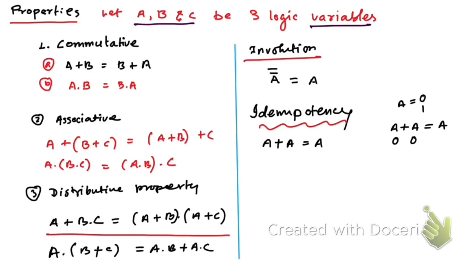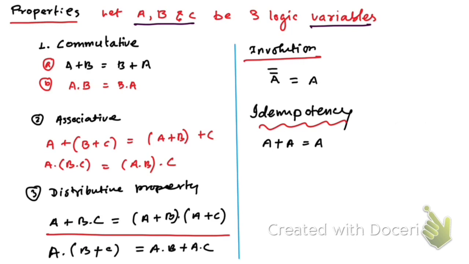So if these two are 0, then it's going to be 0, that is also A, right? Then if A is equal to 1, this A is 1, so the result will also be 1. So that is the logic. Okay, hope you have understood this.